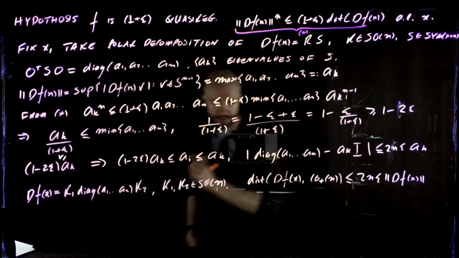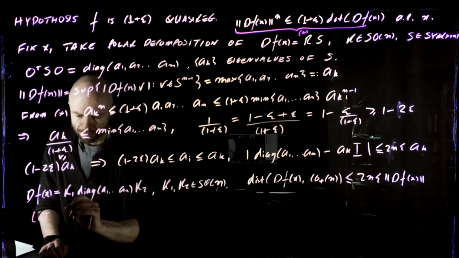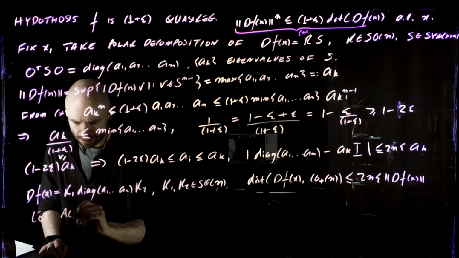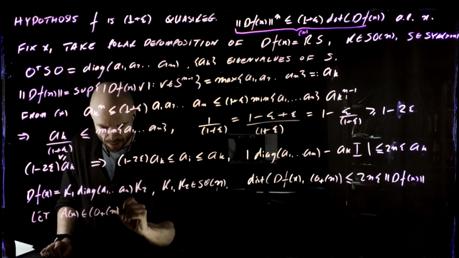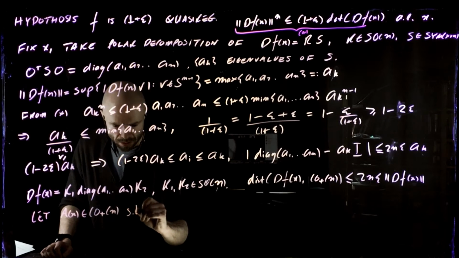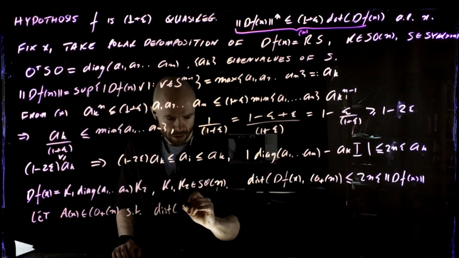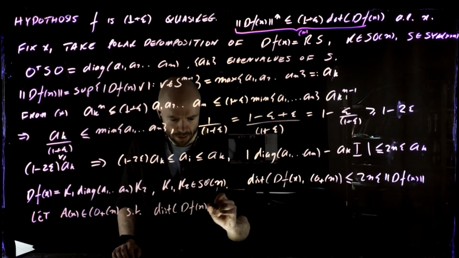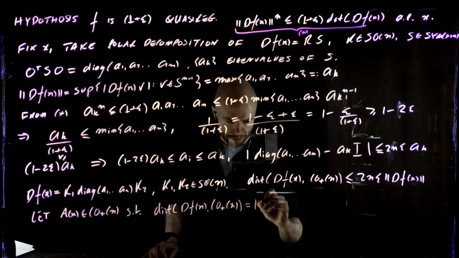And in fact, let A of x belonging to the conformal matrices be such that the distance of the gradient of f of x to the conformal matrices is like this.